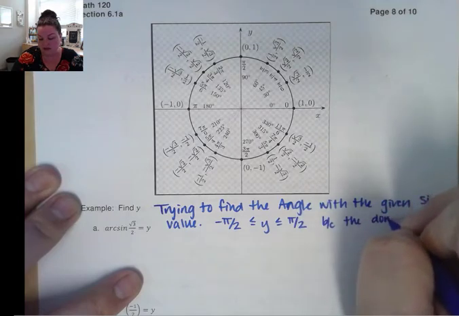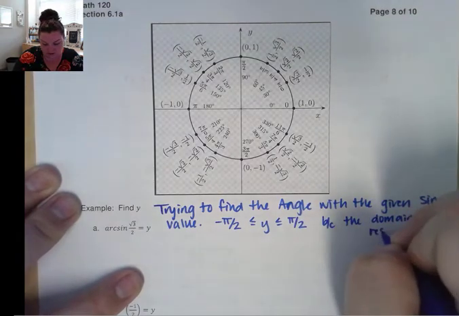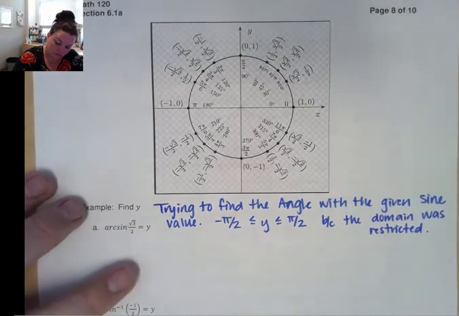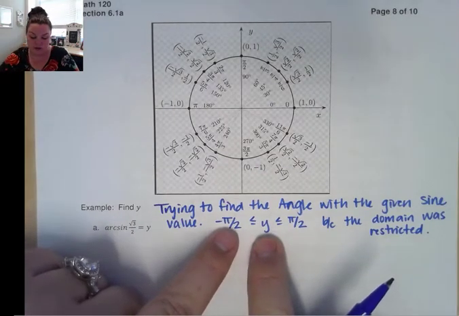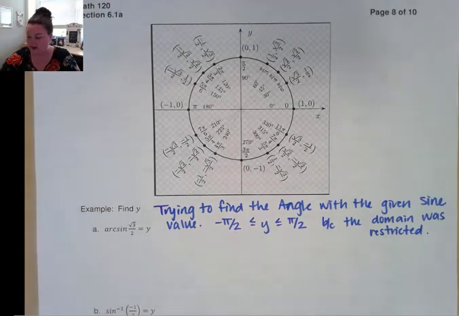And this is because the domain was restricted. Okay, it's because the domain was restricted. So if we're looking for y values, they go from negative pi over 2 to pi over 2.